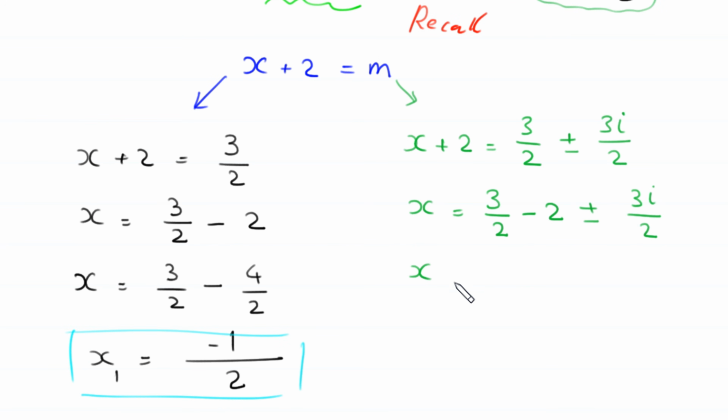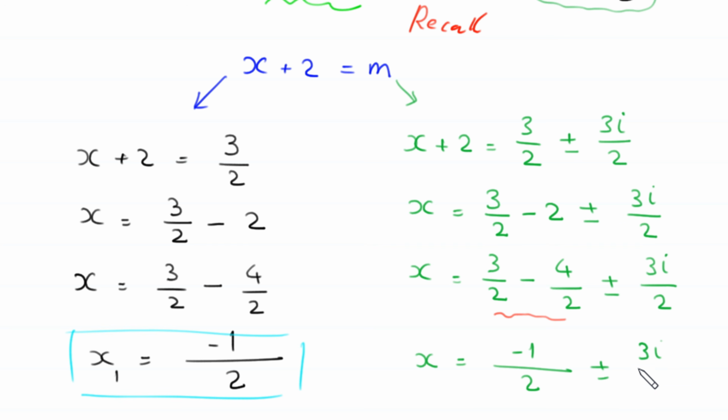Next, x is equal to 3/2 minus this 2 can be written as 4/2 plus minus 3i/2. Next, from these two terms 3/2 minus 4/2, we write the common denominator 2, and 3 minus 4 will become negative 1, plus minus 3i/2. This is the second and third value of x. So we have three solutions for this equation.